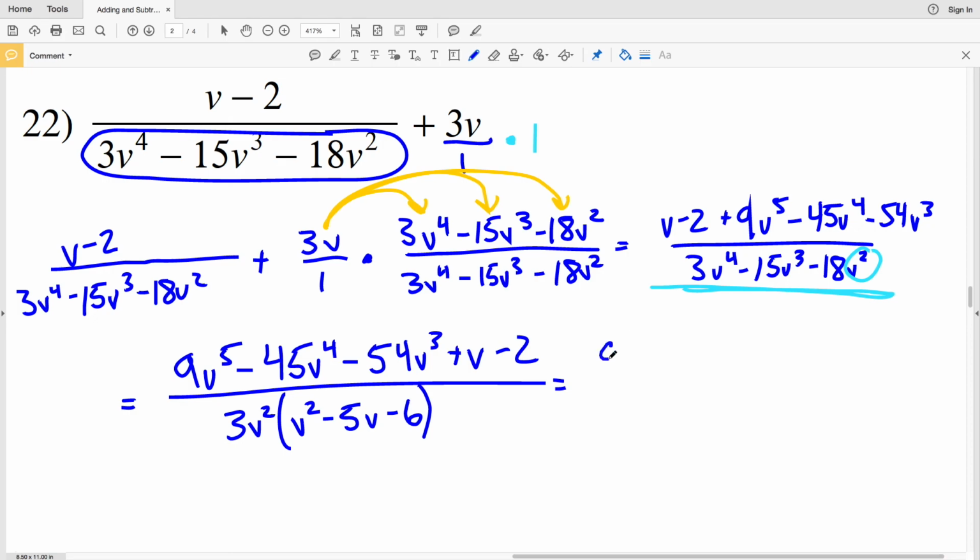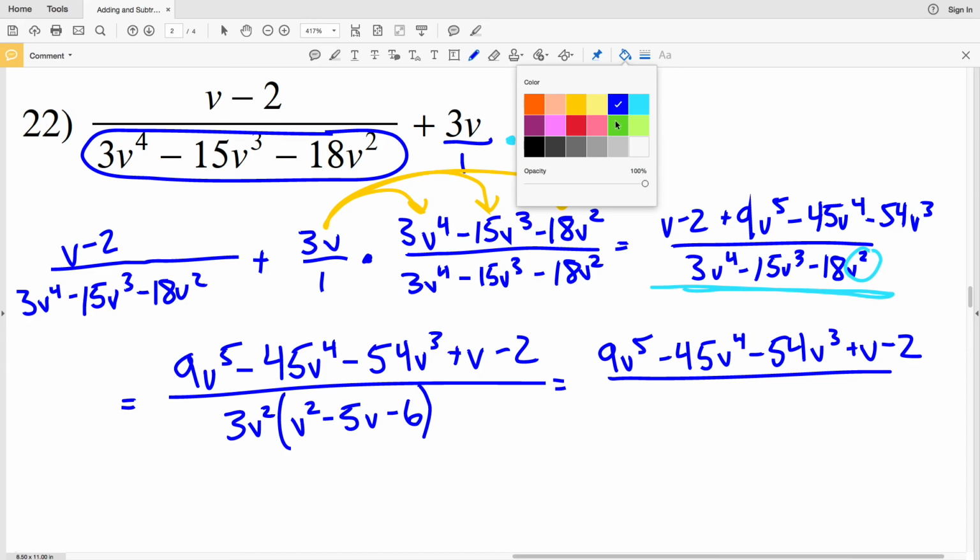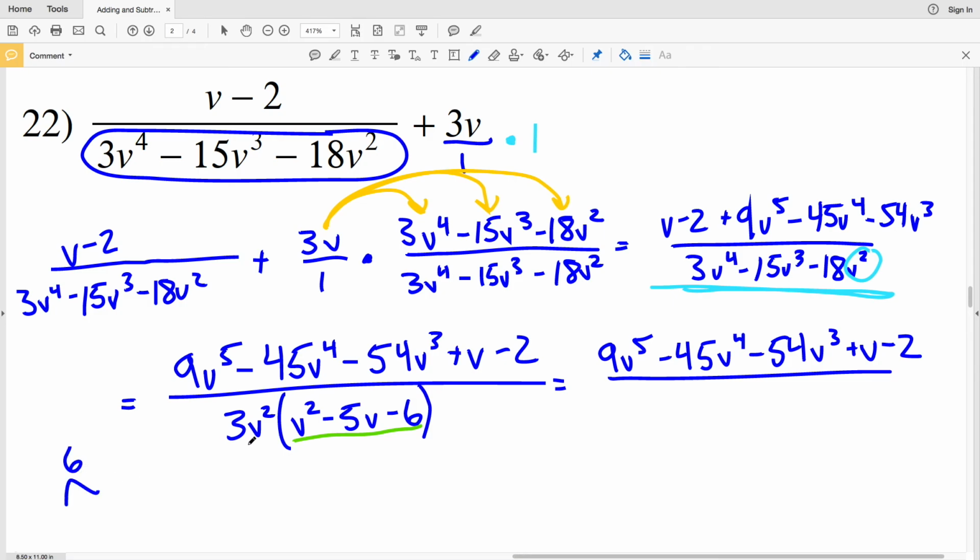So rewriting my numerator, 9v to the fifth minus 45v to the fourth minus 54v to the third plus v minus 2 all over my denominator. However, now I'm going to factor this quadratic that's in my parentheses. So what two numbers multiply to give me negative 6 and add to give me negative 5? That's going to be 1 and 6, where the 6 is negative. So the factored form of that quadratic will be v plus 1 times v minus 6.